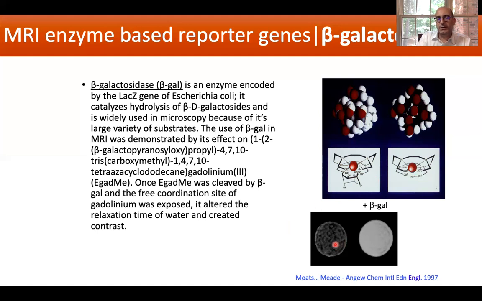As you can see here, this is a solution without beta-gal but with the agent, and this is a solution with the agent and the beta-gal. Note how the beta-gal leads to brightening of the image.